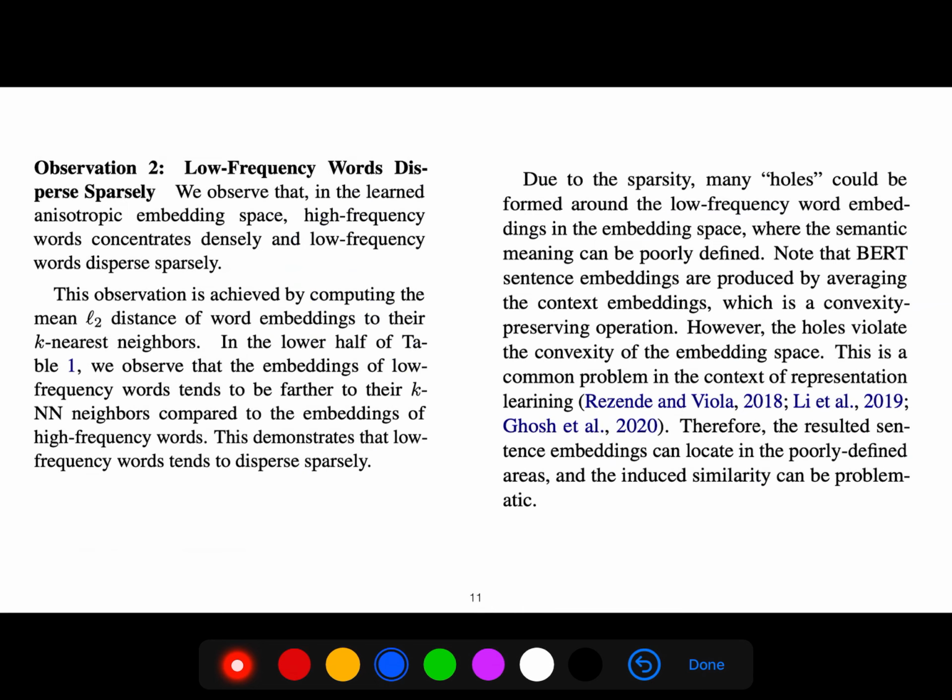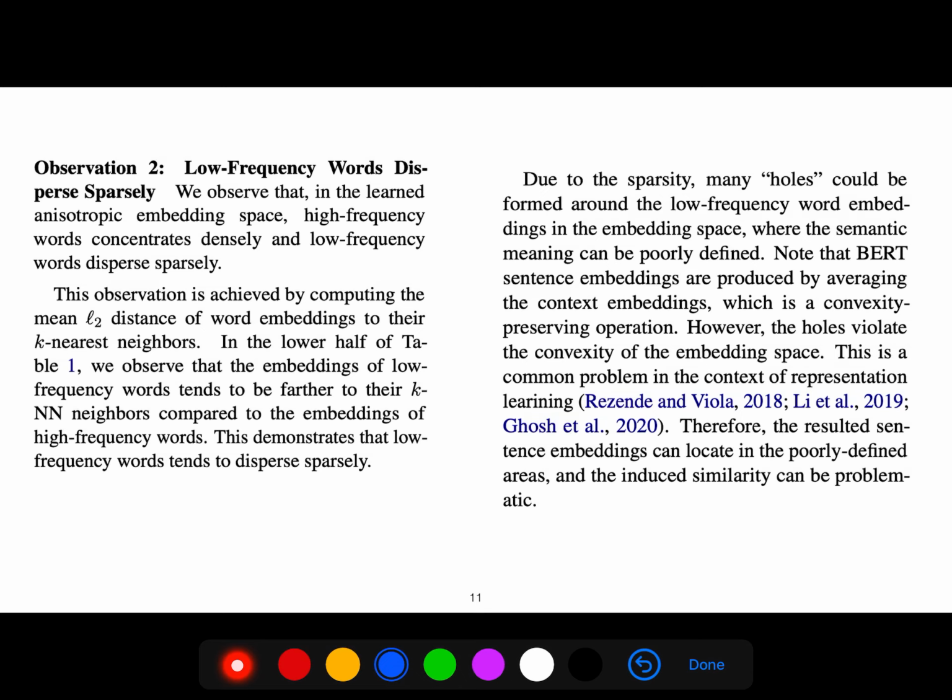The second observation is that low-frequency words disperse sparsely. We observe that in the learned anisotropic embedding space, high-frequency words concentrate densely and low-frequency words disperse sparsely. This observation is achieved by computing the mean L2 distance of word embeddings to their k-nearest neighbors.